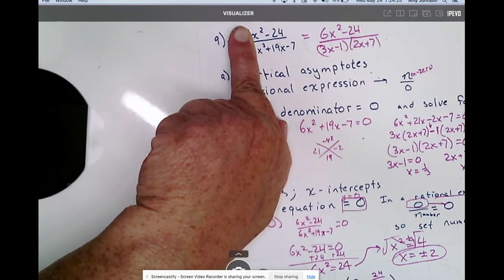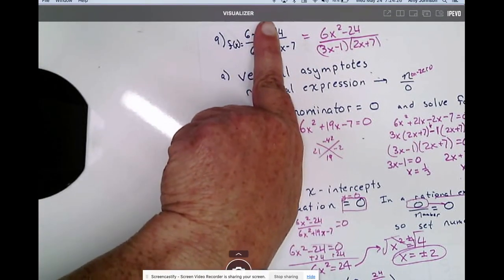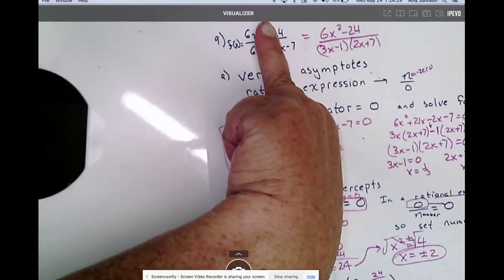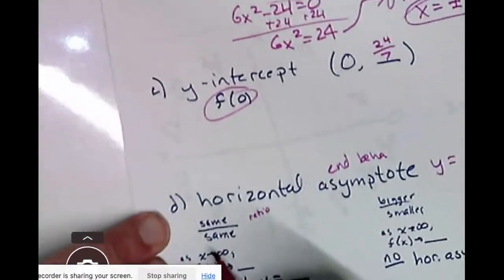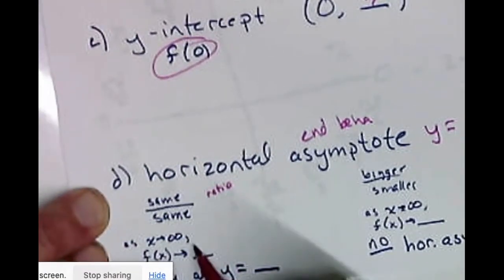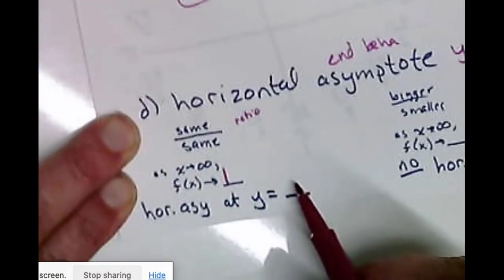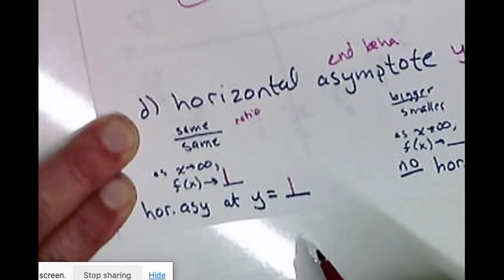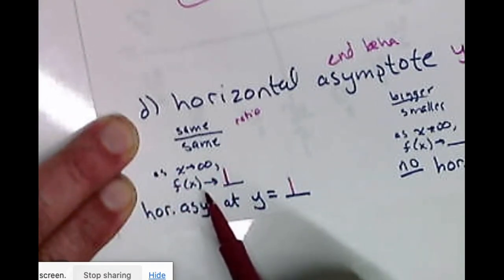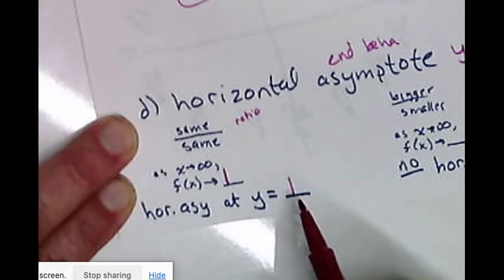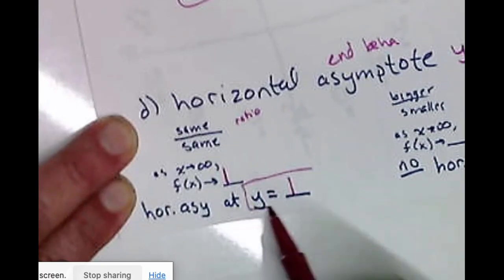So there is going to be a horizontal asymptote, and it's going to be the leading coefficient divided by the leading coefficient. So in this case, as x approaches infinity, f of x is going to get closer and closer to 1. That means we have a horizontal asymptote at y equals 1. Okay, so the end behavior is as x approaches infinity, f of x approaches 1. They ask for horizontal asymptote, so it's at y equals 1.